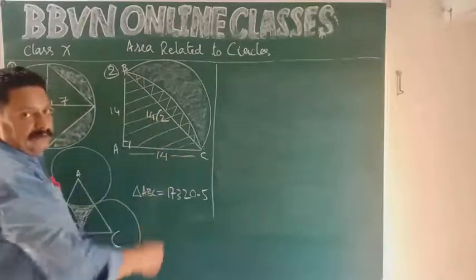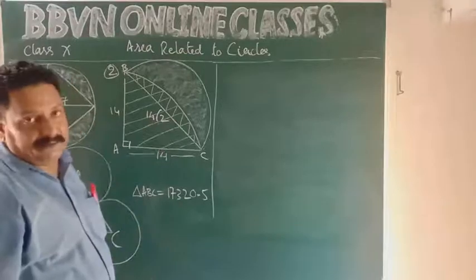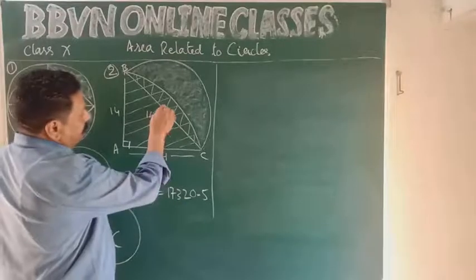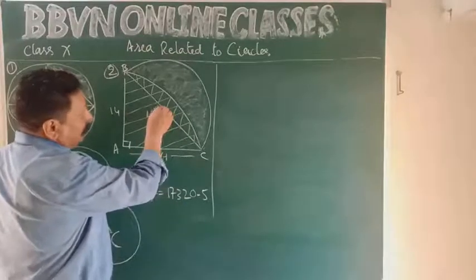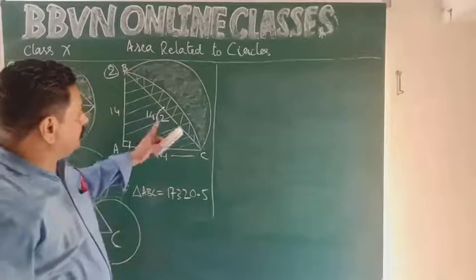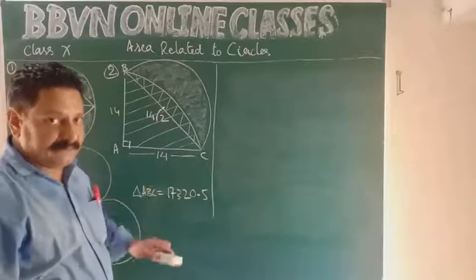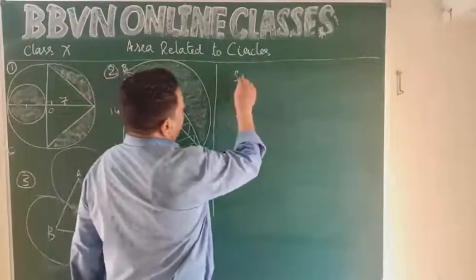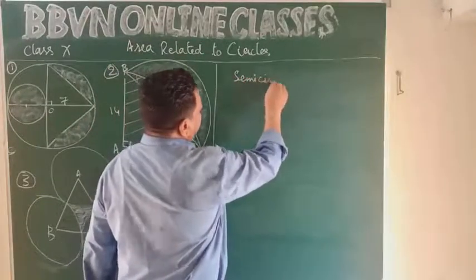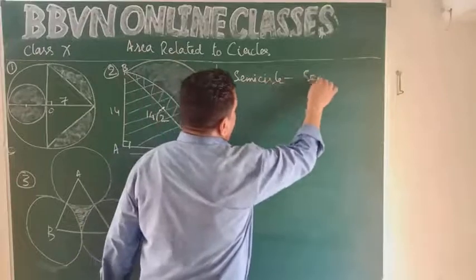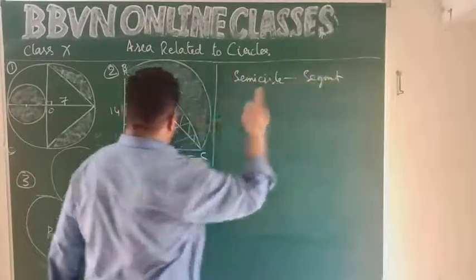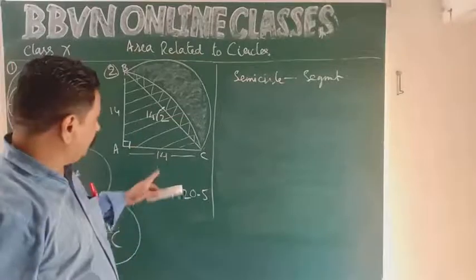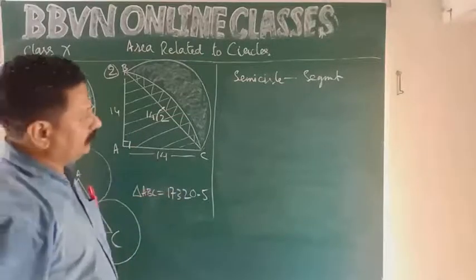The length BC is equal to 14 under root 2. So if this is the diameter of the semicircle, its radius will be half of this, 7 under root 2. So the required region is the area of the semicircle minus the segment of the circle with radius 14 centimeters.